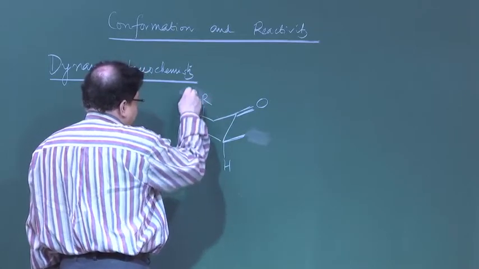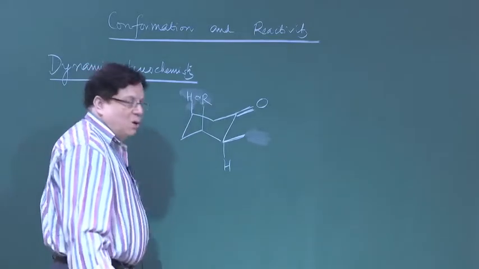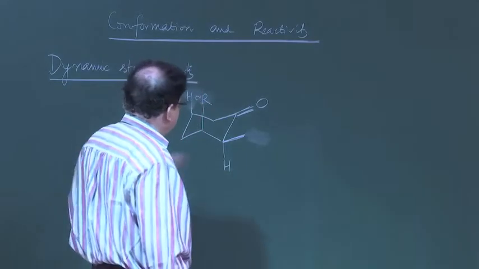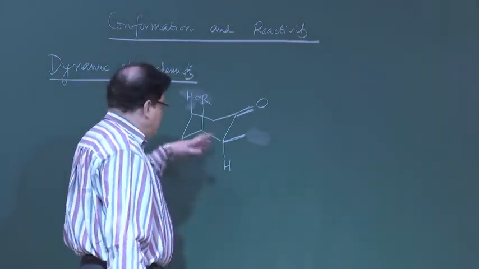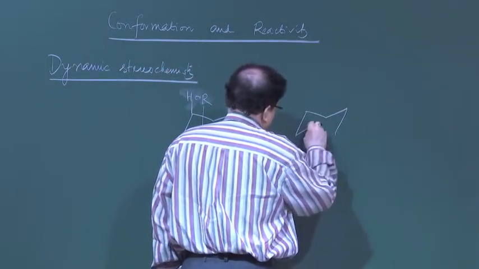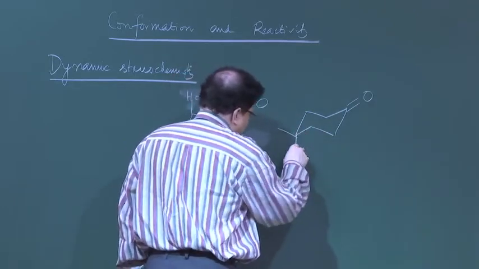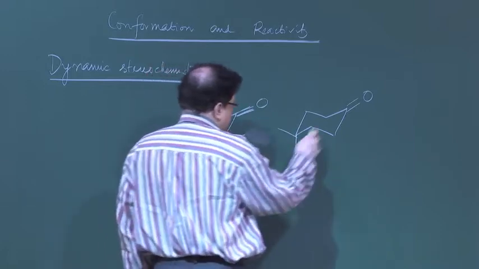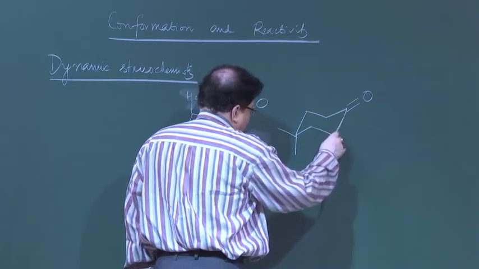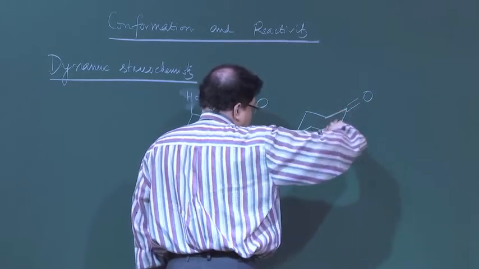If there is an R here, then also because of the reduction of 1,3-diaxial hydrogen, this conformer will also be present in substantial amount, in greater amount as compared to a cyclohexane system. So, this is what is called the 3-alkyl ketone effect, and this was done by Eliel. He showed that the 4-alkyl ketone effect is also present, although this is quite remote from the carbonyl, but it is due to the flatness of the carbonyl and the two carbons, the flatness of this ring.